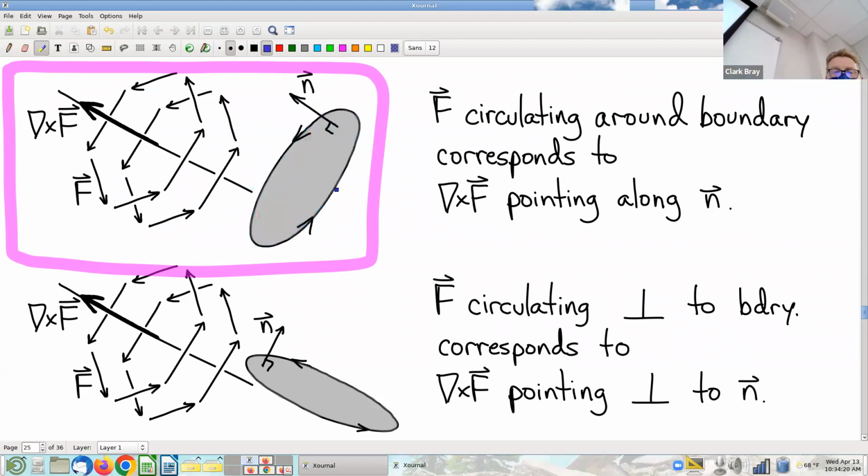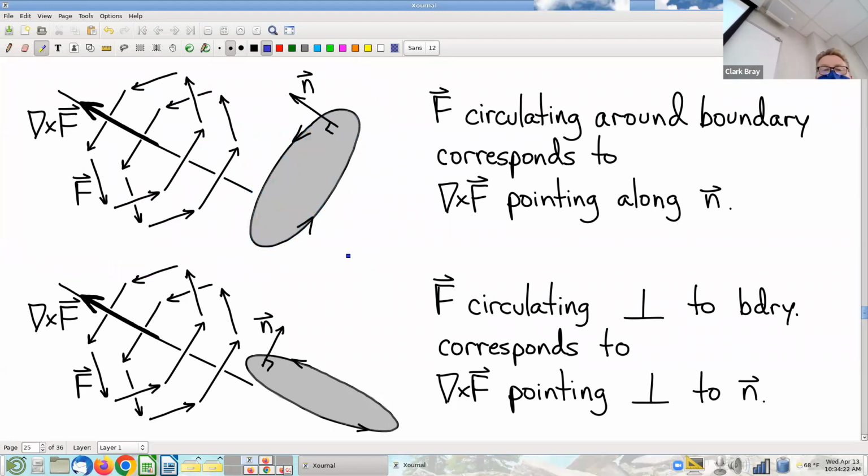So what's going on in this picture? How much circulation is this surface boundary actually experiencing?